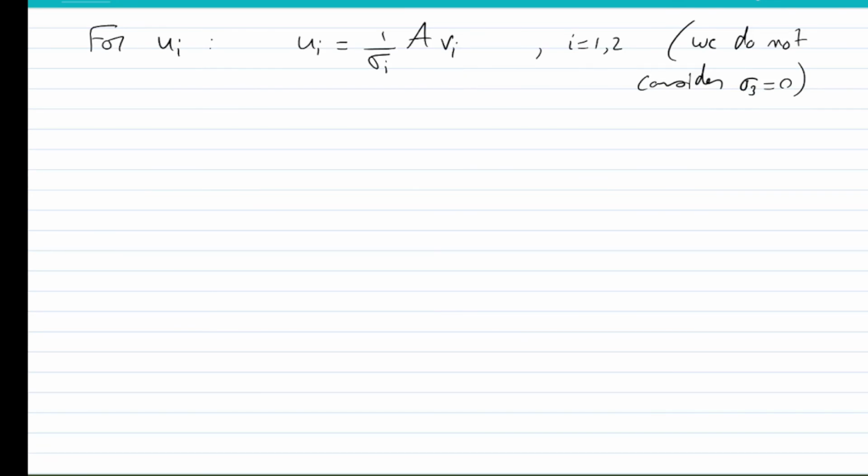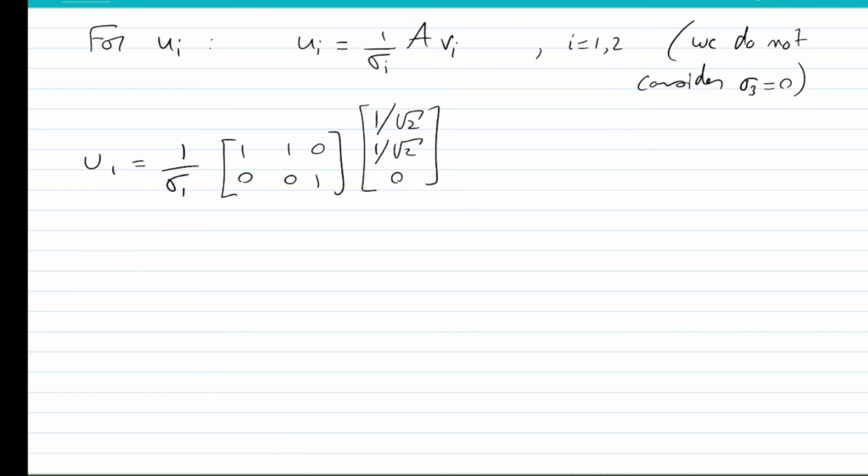So let us consider U1 first. U1 is 1 over sigma 1 times A, not A transpose A. So this is 1, 1, 0, 0, 0, 1 times the vector V1, which is 1 over square root 2, 1 over square root 2, 0. Sorry, I forgot to replace sigma 1. Sigma 1 was square root 2, so this is 1 over square root 2.